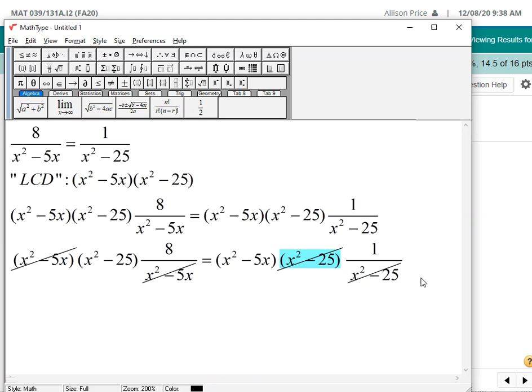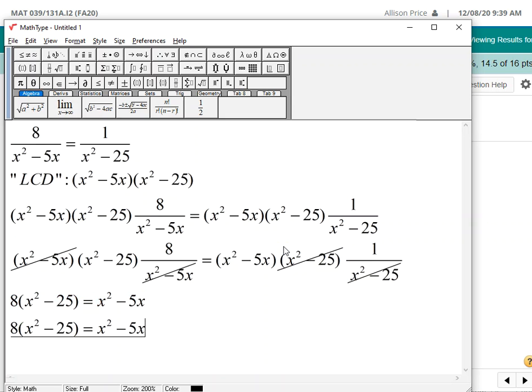So once those cancel, we're really ending up with 8 times the quantity x squared minus 25 on this side, and equals 1 times x squared minus 5 on this side. Because 1 was the number on top, I multiply it over here. I don't really need to write the 1 because there's no change when I multiply by 1.